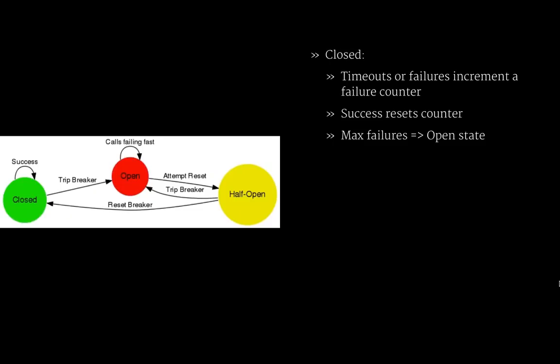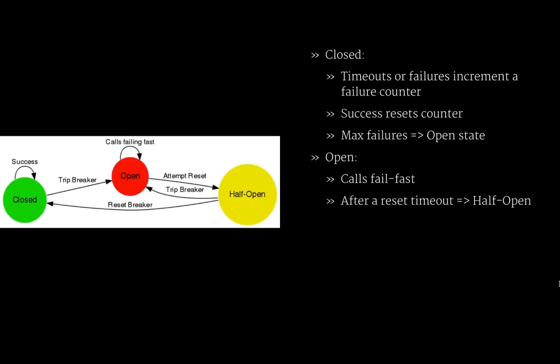Now, we said we're counting the consistent failure pattern. So if we see a few failures without triggering the circuit breaker and we start seeing successes, that success resets the counter. But if we reach that threshold, then we're going to move into the open state.